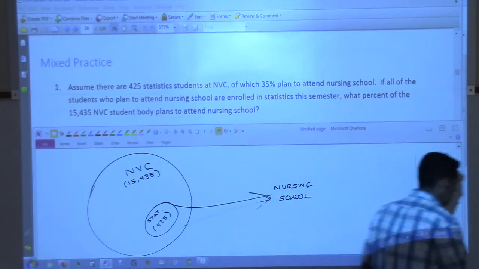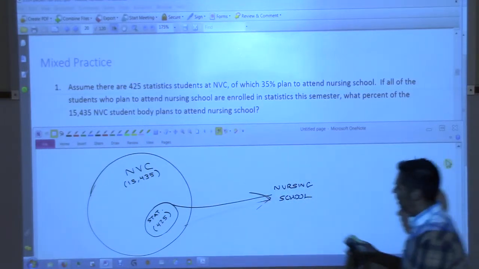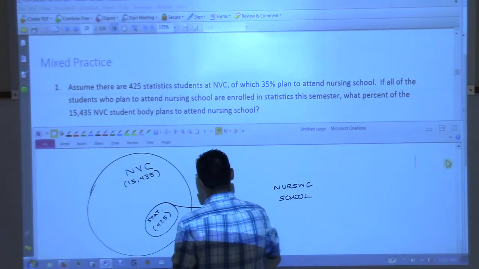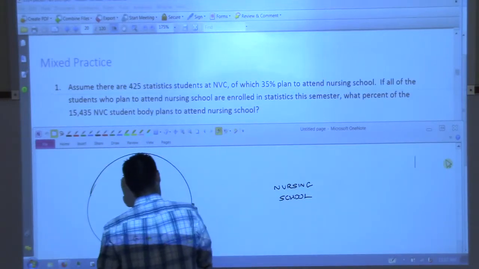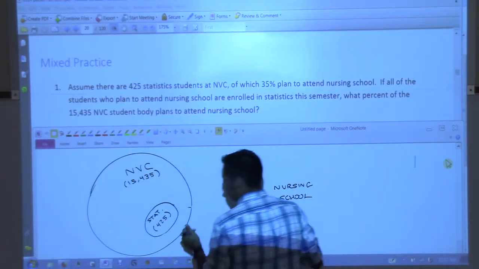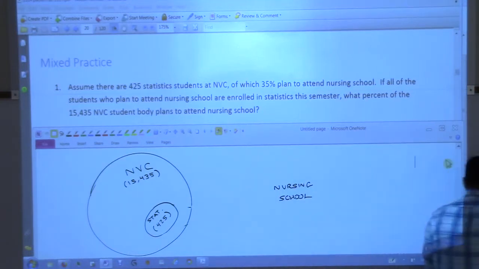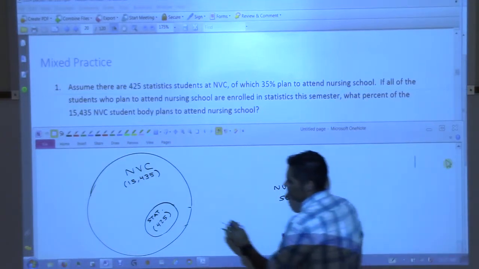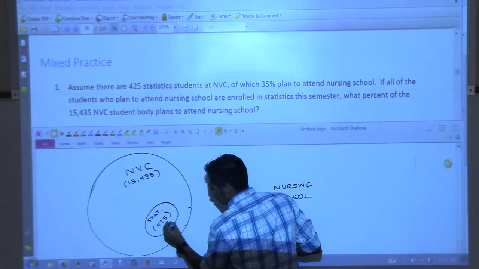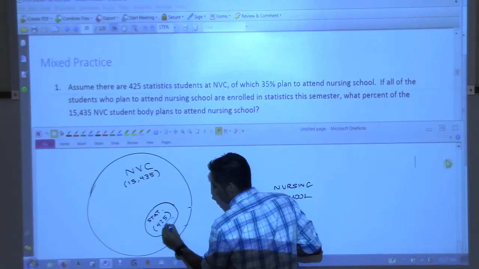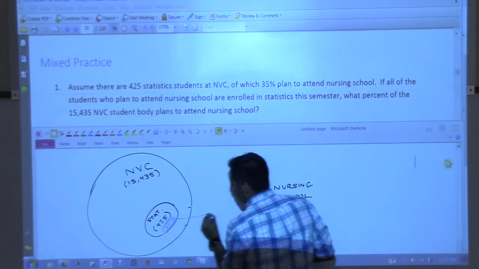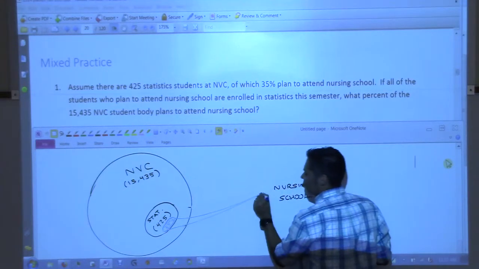Oopsie. I missed my 35%. These are your stat students. It's a smaller group that's going to nursing school, the 35%. So of that group, 35% are going to nursing school.